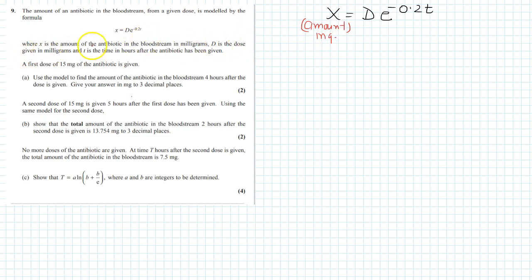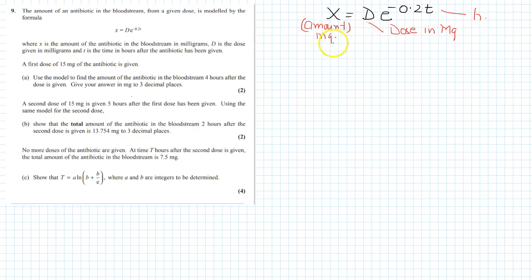D is the dose given in milligrams. And t is the time in hours. A first dose of 14 milligrams of antibiotic is given. That is D. Use the model to find the amount of antibiotic in the bloodstream after 4 hours.